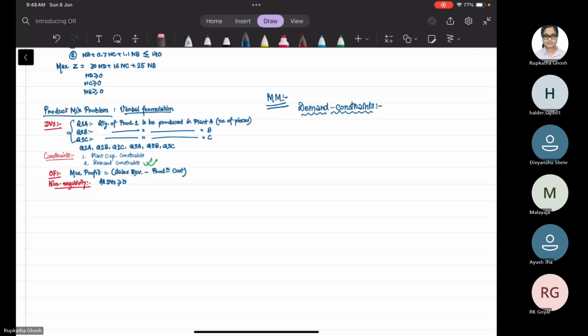Ayush? And what is MM? Mathematical model. Okay. How will you write the first demand constraint, ma'am? This objective function which we have written: maximizing profit equals sales revenue minus production cost.